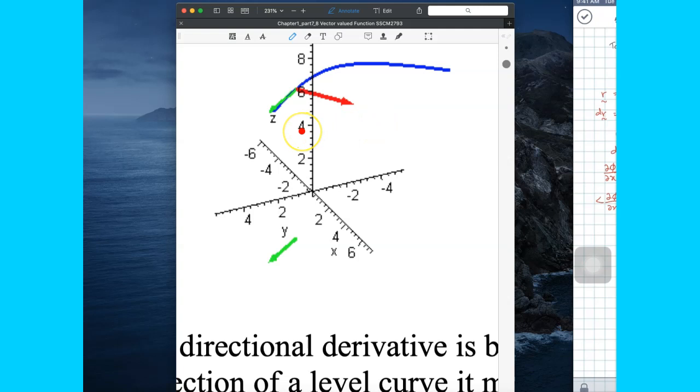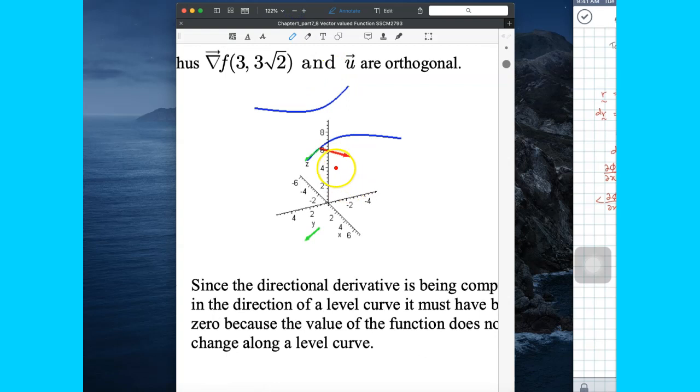From our previous video, the gradient f is always perpendicular to the level curve. So we can say that the gradient f is also perpendicular to the surface, or instead of perpendicular we say normal. The gradient f is normal to the surface.